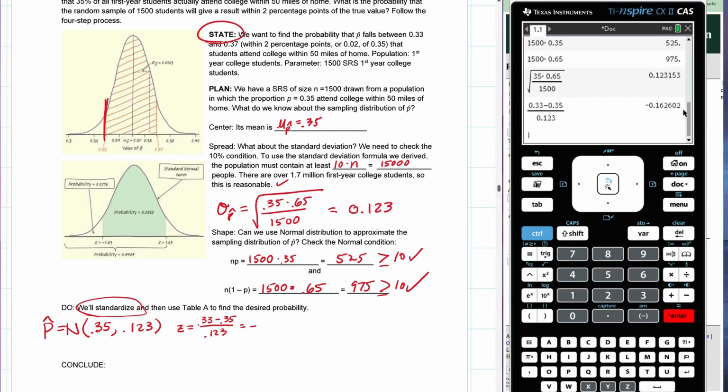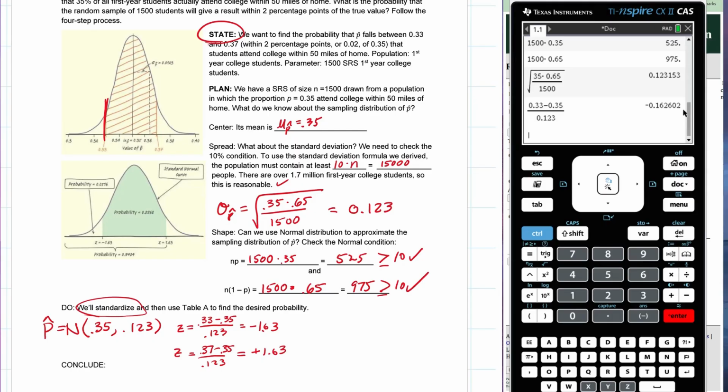And I get something that's 1.6, and it rounds to 3. And by the way, if I do this again, I get 0.37 minus 0.35 over 0.0123. And we shouldn't be surprised that ends up being just the positive version of that.